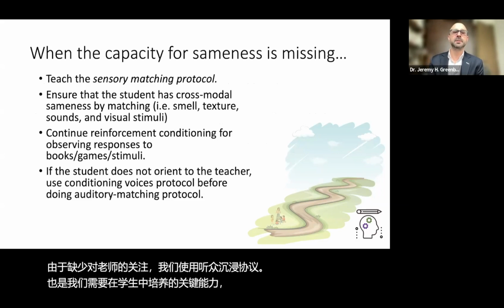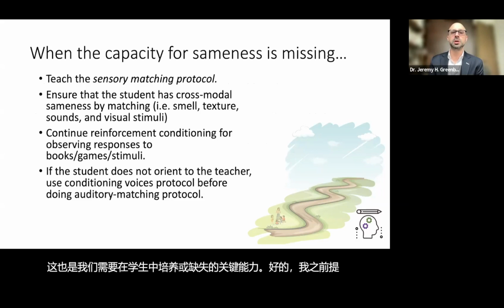Okay, I mentioned a bit earlier about the sensory matching protocol. For example, there's a sounds-the-same application that you could download and use. And this also involves other sorts of matching.